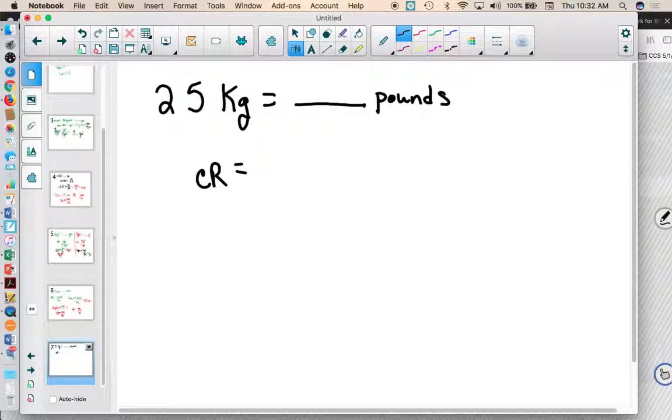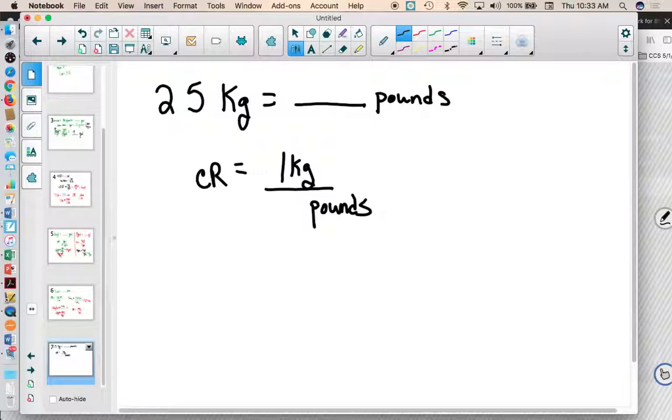I'm going from metric to U.S. customary. So what is my conversion rate? 1 kilogram is how many pounds?